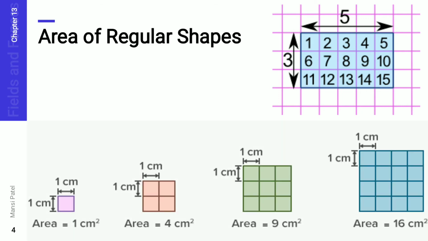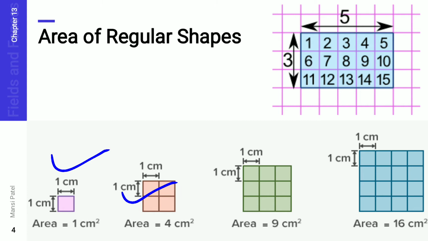Now see, this one is next. Here you can see in the first figure only one box is there. So what is the area of this figure? That is 1 centimeter square. Whereas in this second figure, how many boxes are there? 4.